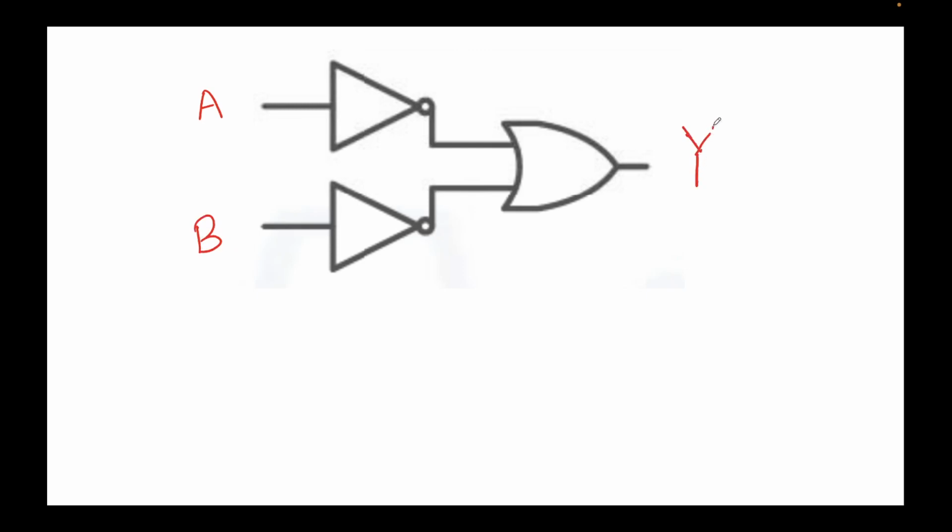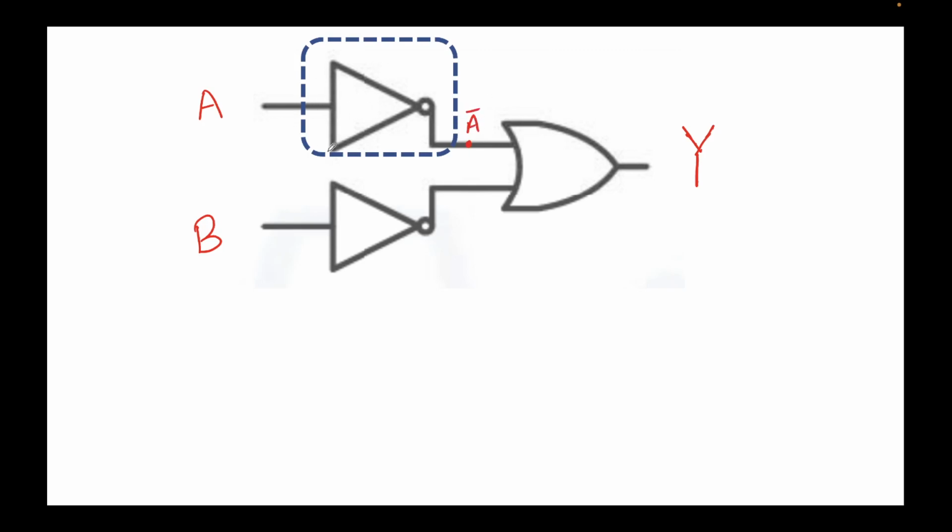Now let's first look at the top gate, which is depicted in this blue rectangle here. Note that this is a NOT gate, and we know that for a NOT gate the output is just the input inverted. So I can write that the value of this node would be nothing but A bar. Why A bar?